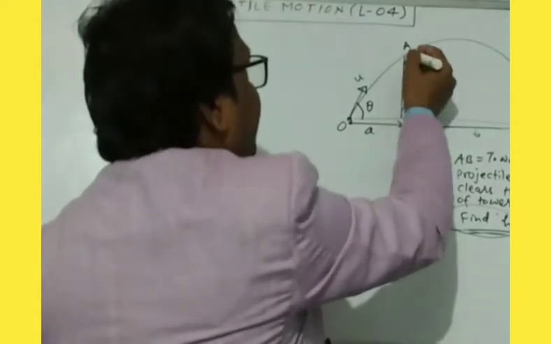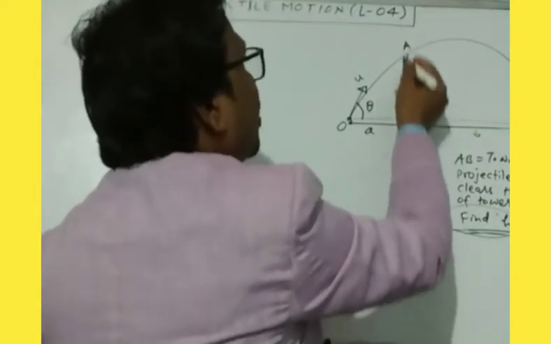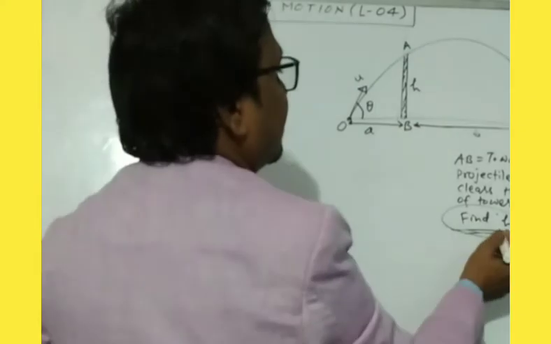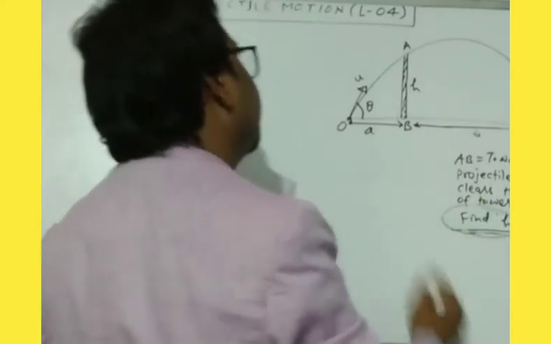We need to find height h of this tower AB.